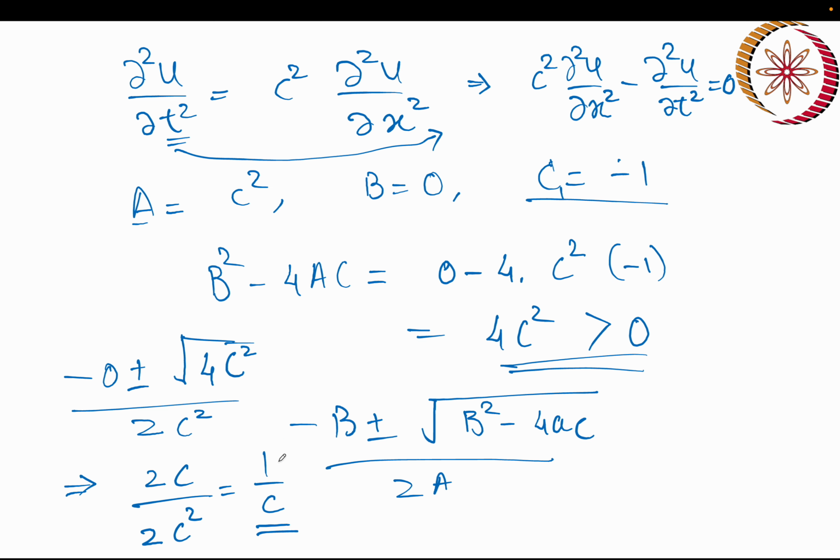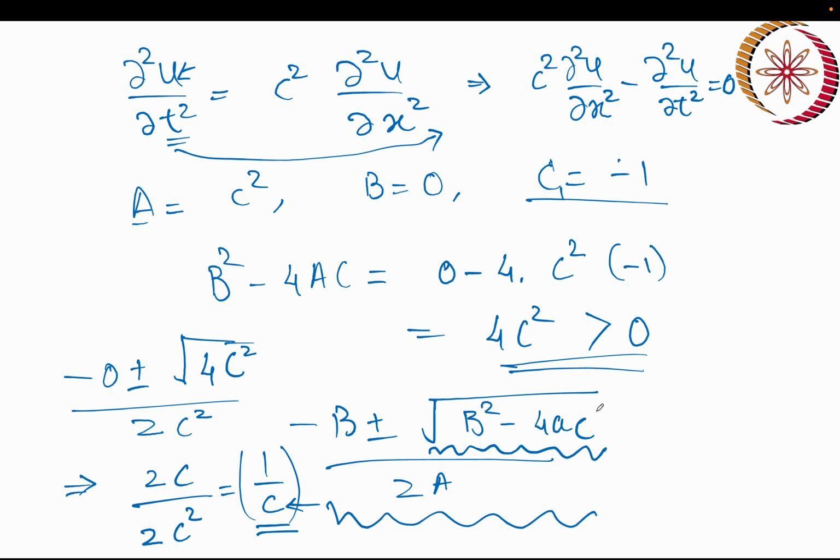So you can see that this is somehow related to the speed at which the information or the wave propagates. This term is related to the propagation speed of the wave, and if the term inside the square root is 0, it means there is only one direction in which the conduction or whatever is going.